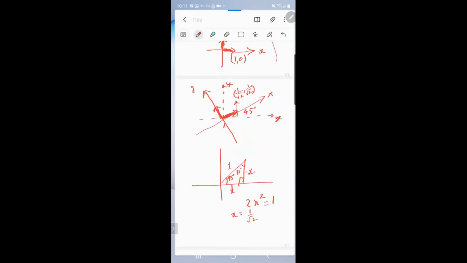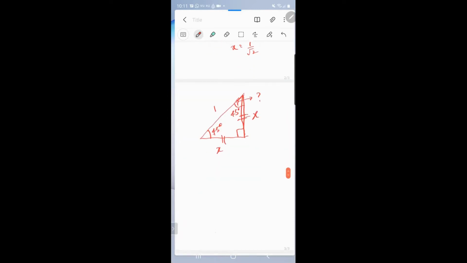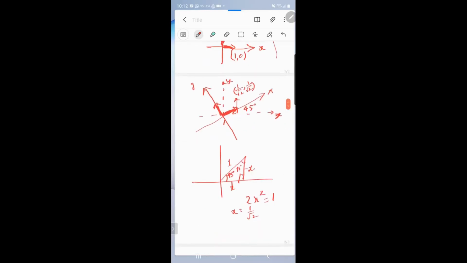Unit vector means it's of length 1. Does that make sense? So now I'm simply applying the Pythagoras theorem. So x squared plus x squared is equal to 1 squared. So that's 2x squared equal to 1. x squared is equal to half. x is equal to square root of half, which is 1 over square root of 2. So that's how we got the new place for this particular point.